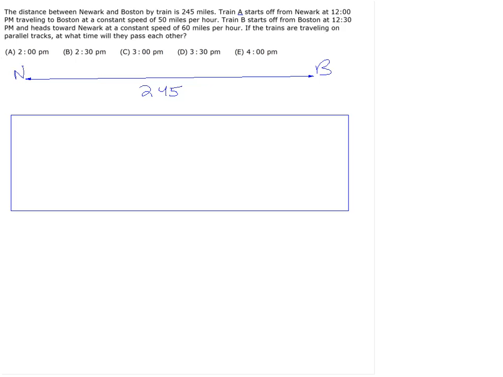Okay, so if you think about what's going on here, we have two towns, it doesn't really matter what they are. We have Newark and we have Boston, and the distance by this train is 245 miles. Now, this problem is more difficult than the last one because we have to be aware of a couple of things. So let's start by just drawing our matrix so we can get some essential data filled in here. We have our rows.